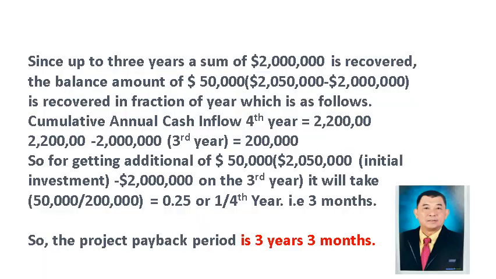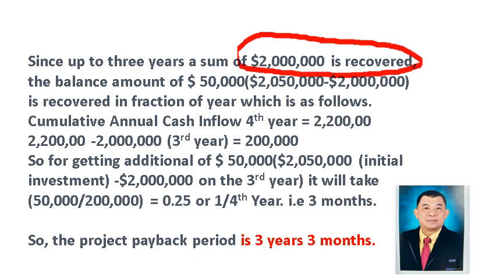All right. So to do that, you know that in the year 3, it is 2 million already. However, your initial investment is 2 million 50,000, and the third year your cumulative is 2 million. So you deduct that, you have a difference of 50,000.